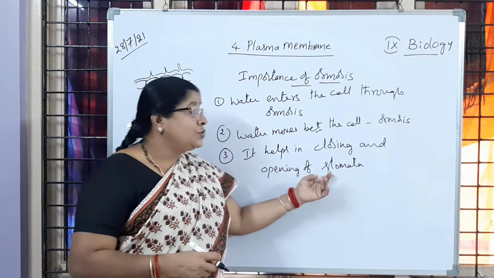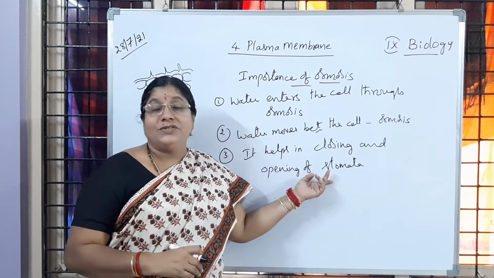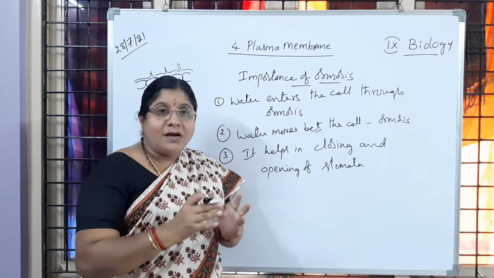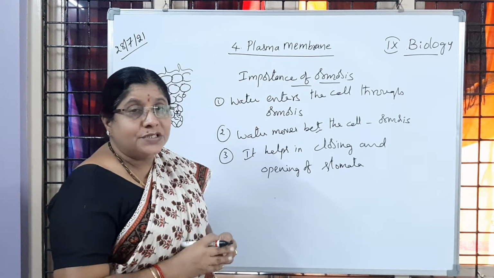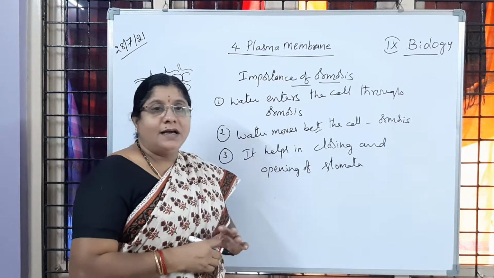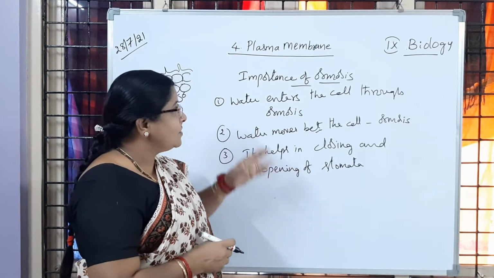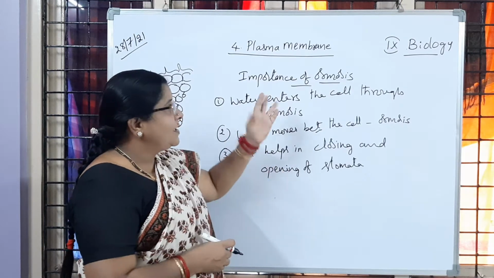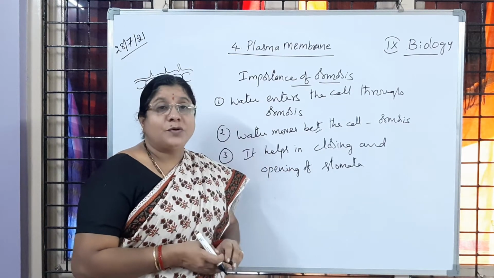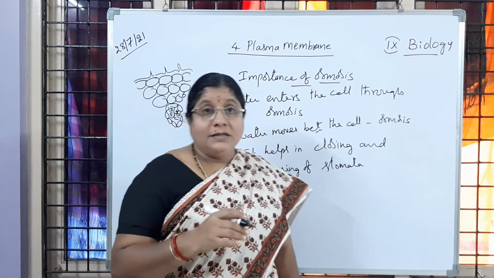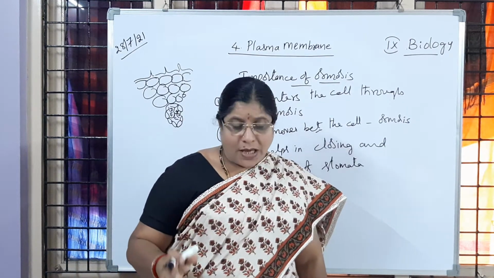You know that through stomata only the gaseous exchange is going to happen. The stomata are guarded by guard cells, which are bean shaped, which you learnt in plant tissues. The closing and opening of stomata also happens because of this osmosis process. If osmosis is not there, then these activities are not going to happen.